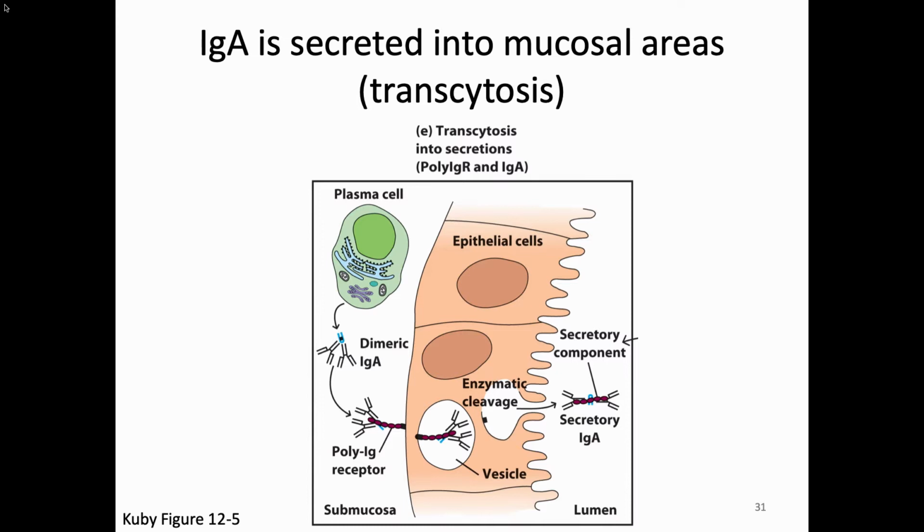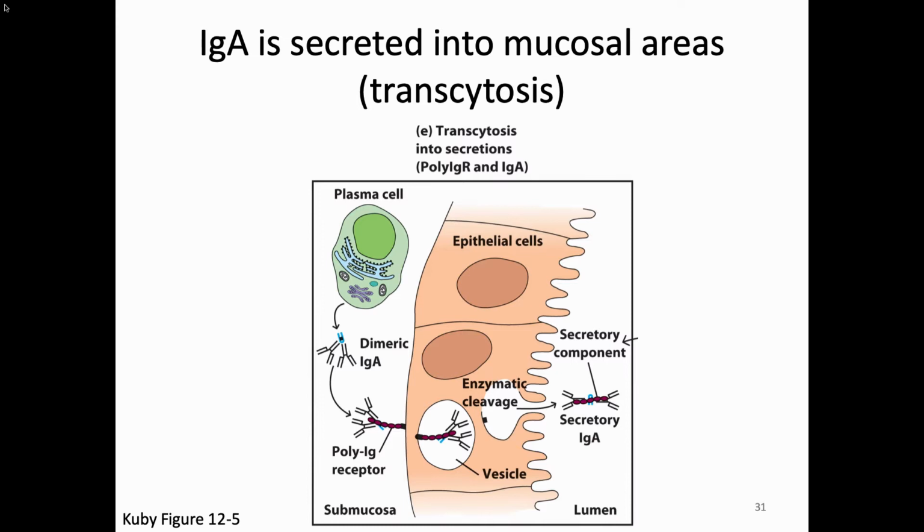So if you think about the inside of your GI tract, there's no B cells there. But in fact, there's a whole bunch of IgA that got transferred across the wall of your GI tract. Similarly, your lungs are full of IgA that got transferred across the epithelial wall. And all of your other mucosal surfaces are full of IgA.